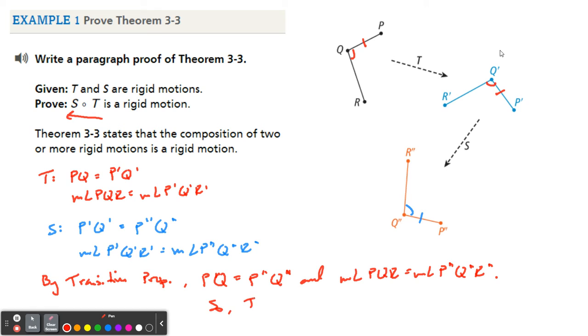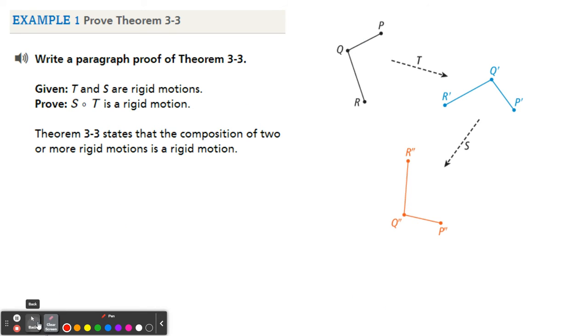So the composition of S and T, S composed with T, is a rigid motion, because it preserved side length and angle measure. Good deal. We should have confidence that if we mix two rigid motions, the result will be a rigid motion as well.